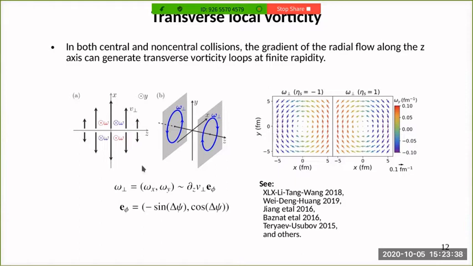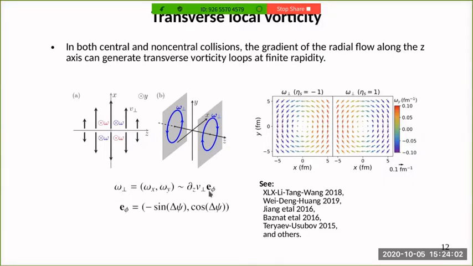Because the fireball is not uniformly distributed along the longitudinal direction, its transverse expansion will have a gradient along the z direction. So it can generate transverse vorticity given by this equation.